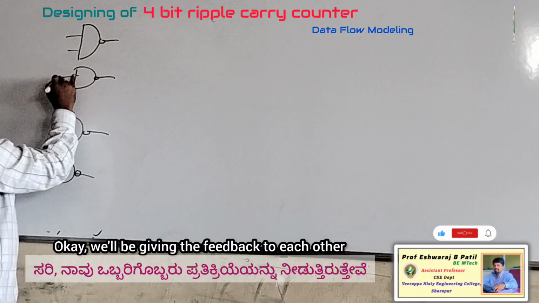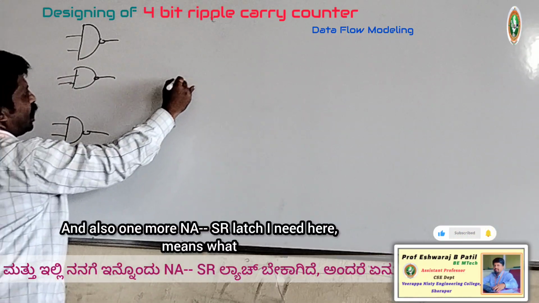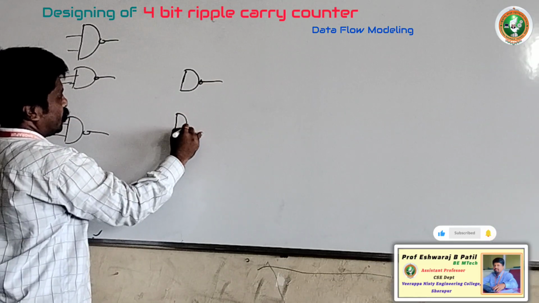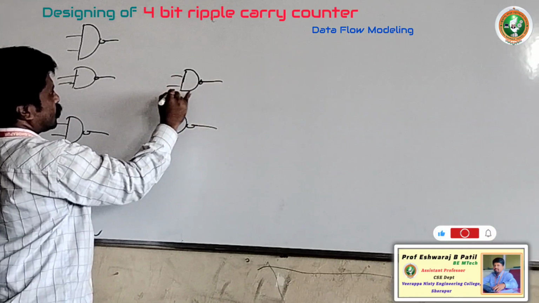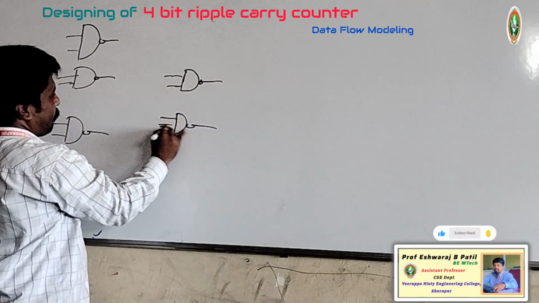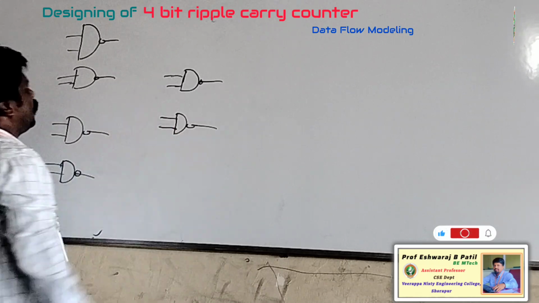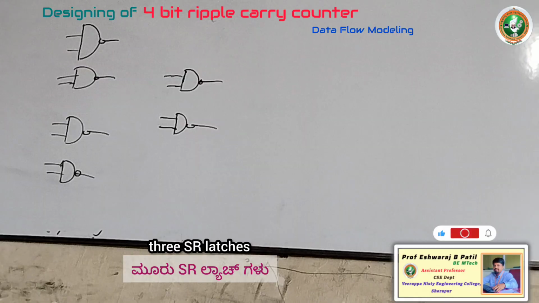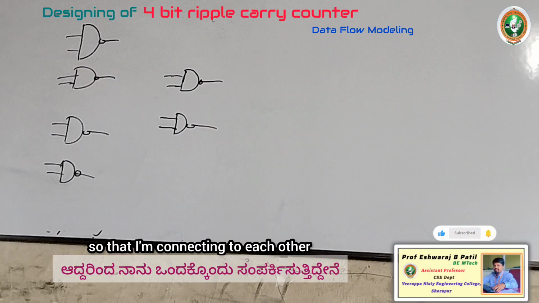We will be giving the feedback to each other, and also I need one more SR latch here. Then start designing the three SR latches, connecting them to each other.